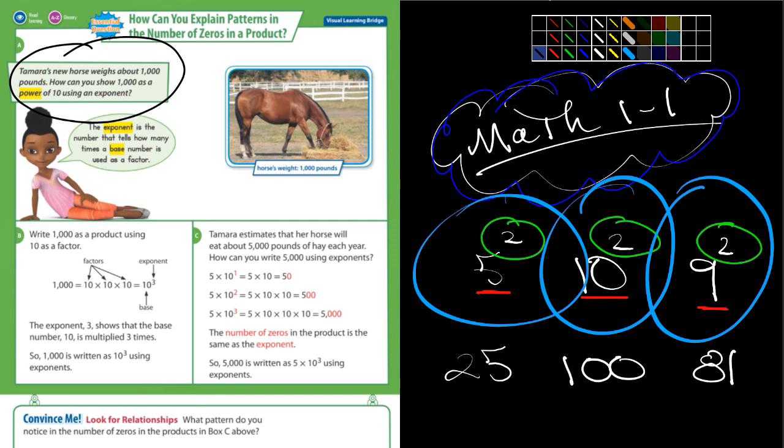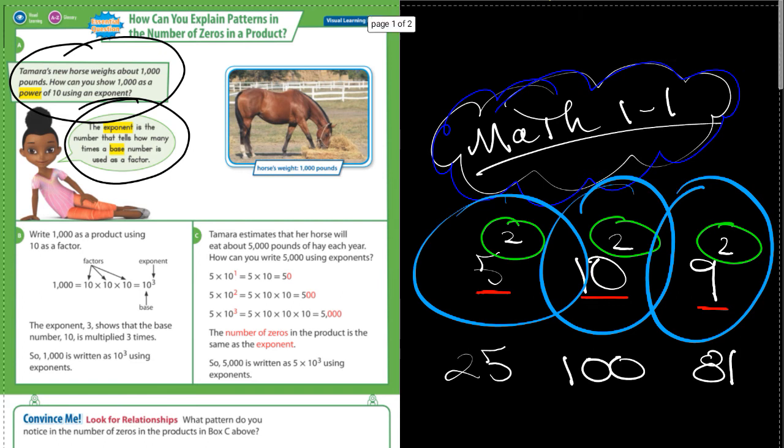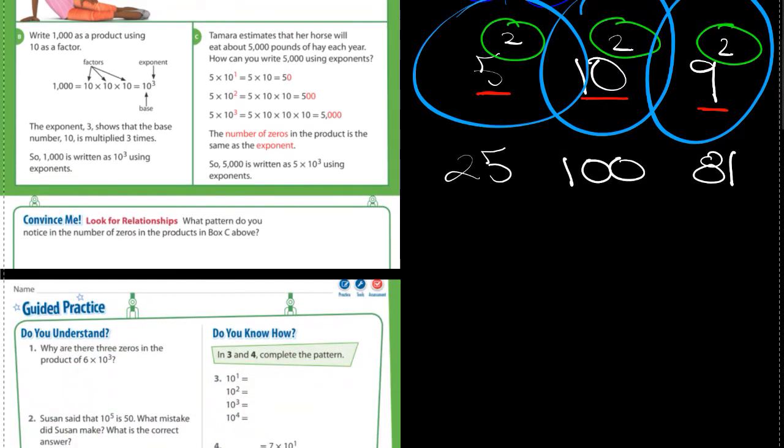Okay? So it says the exponent is the number that tells how many times you multiply the base. I showed you what the base was. The base number is used as a factor. And when we say the word factor and we're doing math, we're talking about multiplication. So let me move this up a little bit here.